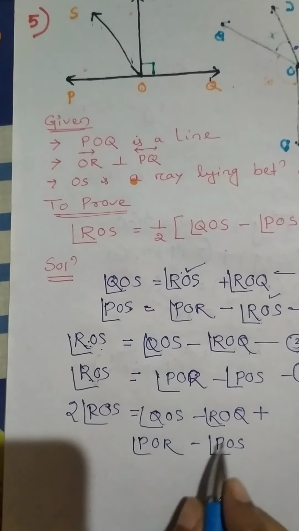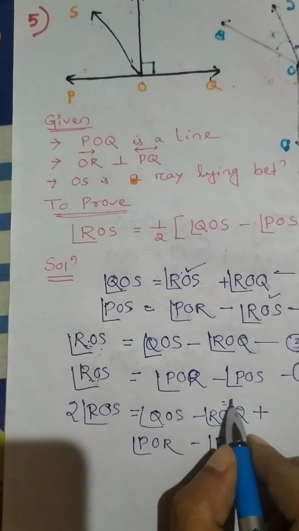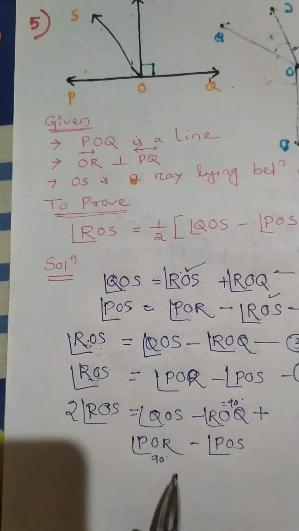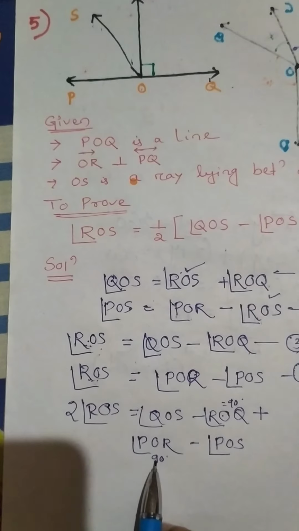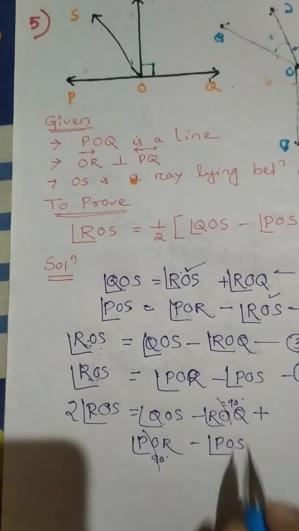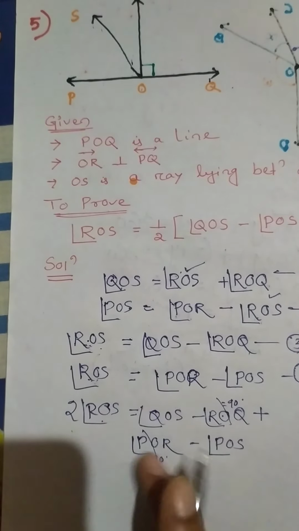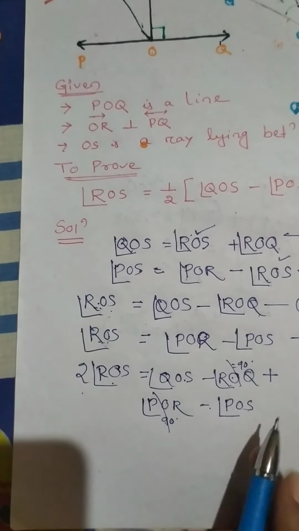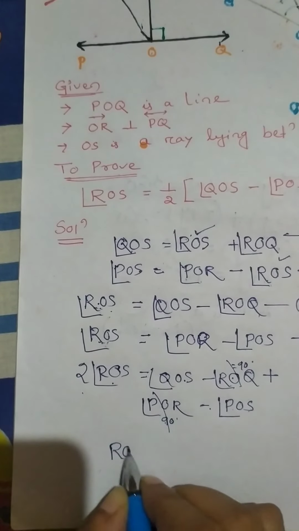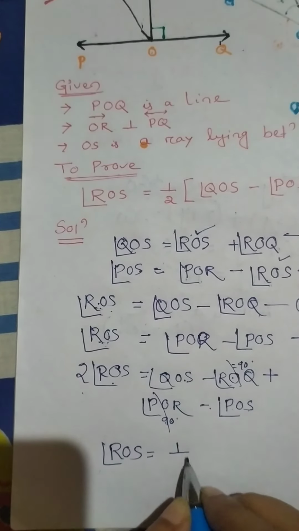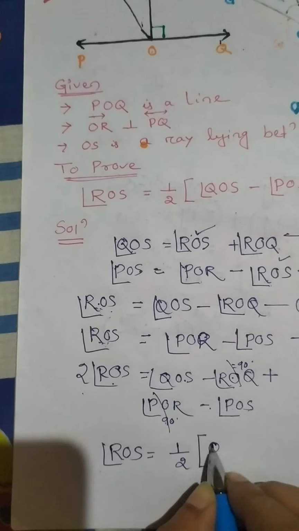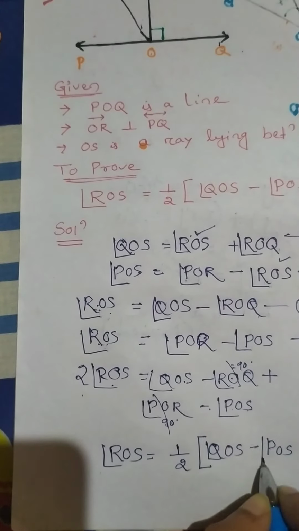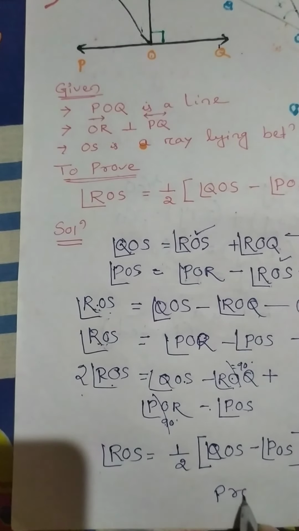But see here, ROQ, this angle value 90 degree and POR angle value is 90 degree, but one is in negative, another is in positive. So ultimately these two are cancelled out. So 2 ROS are coming QOS minus POS. Hence simply ROS is half of the difference of QOS minus of POS. Hence it is proved.